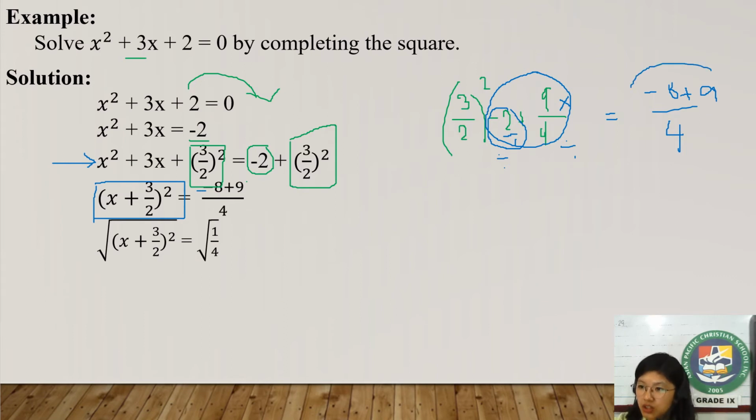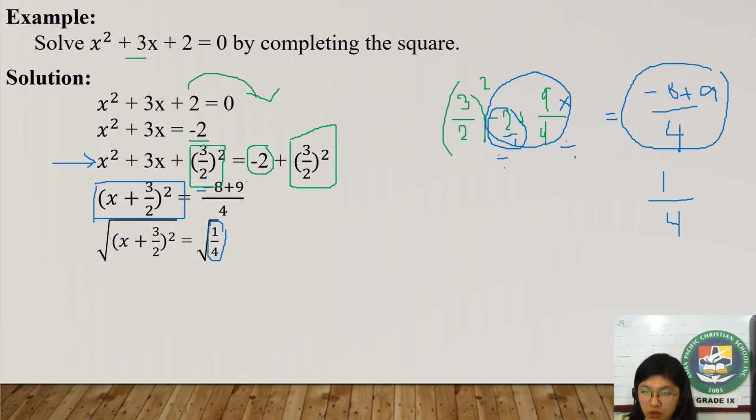So, kapag sinubtract natin to, yung sa right side ng ating solution, negative 8 plus 9 will be 1. Kasi kapag subtraction, 9 minus 8, 1. Tapos follow the sign of the biggest number. So, 1 over 4. Ayan. Kaya, ito na yung 1 over 4.